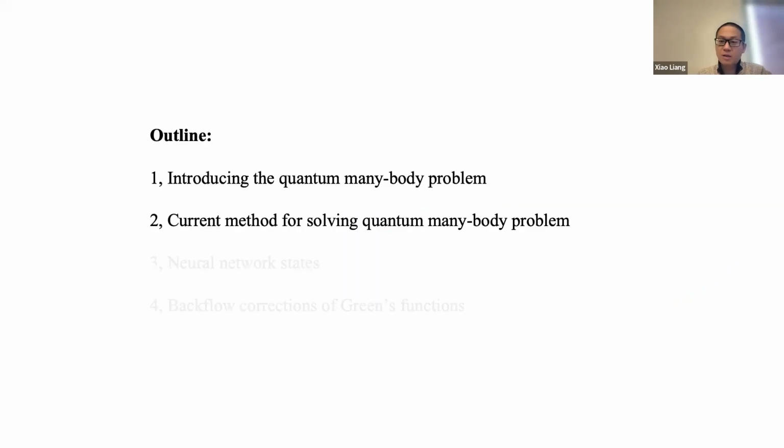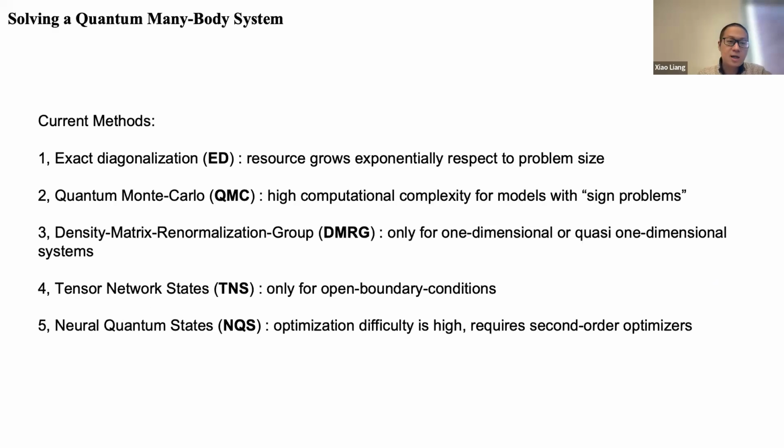Some numerical methods are successful in solving the quantum many-body model, but these methods have their limitations. The exact diagonalization, ED, simply diagonalizes the Hamiltonian matrix, and it gives accurate results, but it needs exponentially large classical resources.